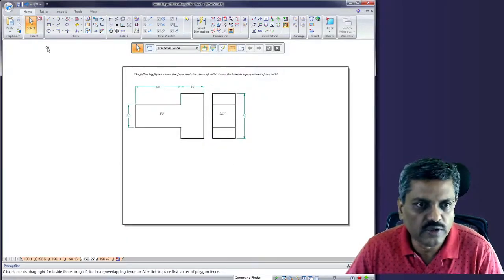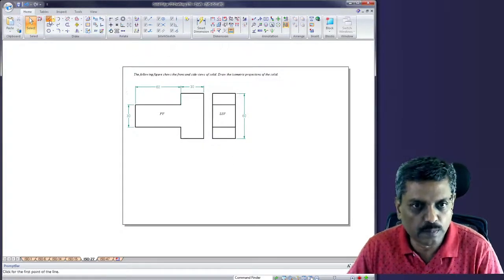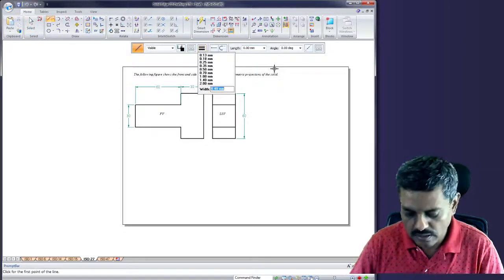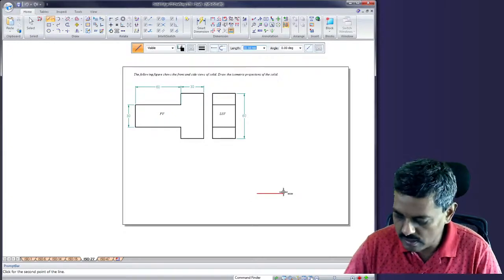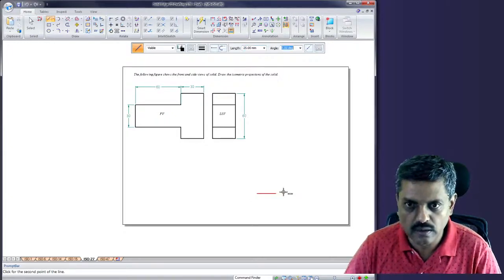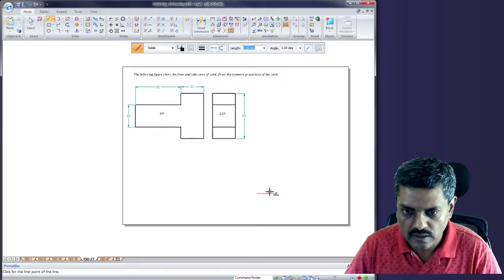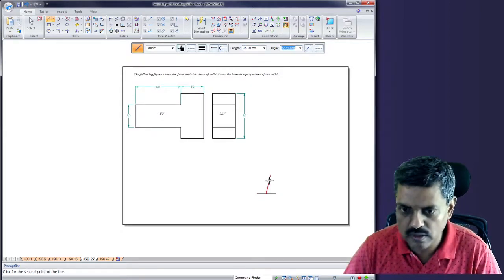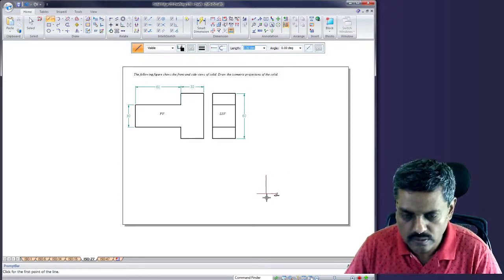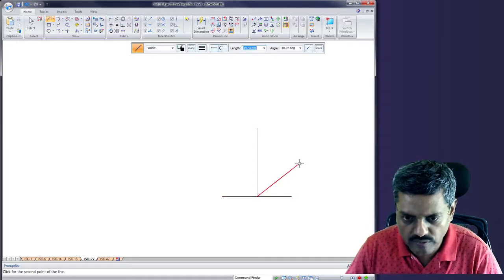Now you need to have the setup. Let me have the setup taking a thin line, so 0.05. Then simply draw a small line at 25 at 0 degree. Then another 25 at 90 degree. So this is only for reference.